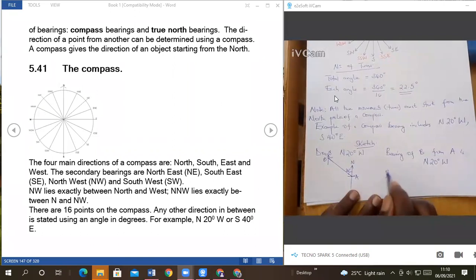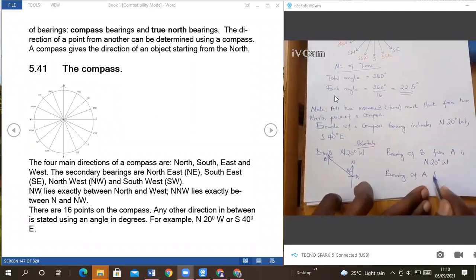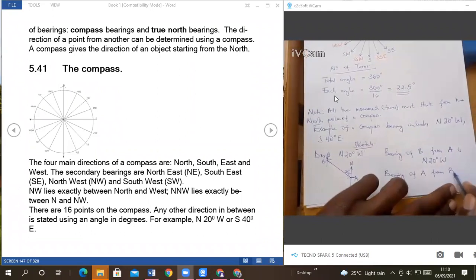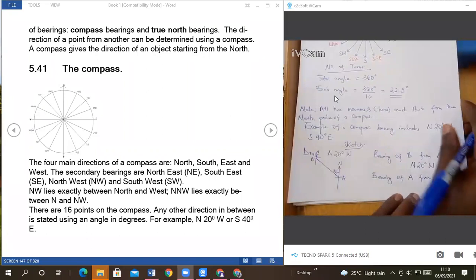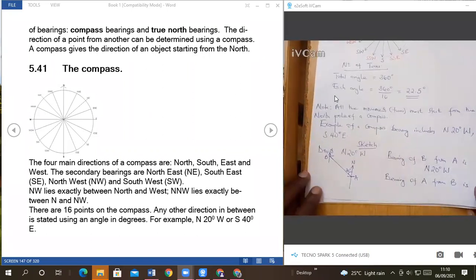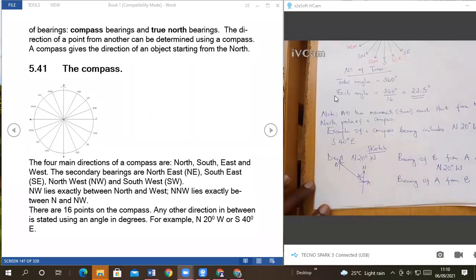What is the bearing of A from B? What will be the bearing? Give me in compass. West 20 degrees north.